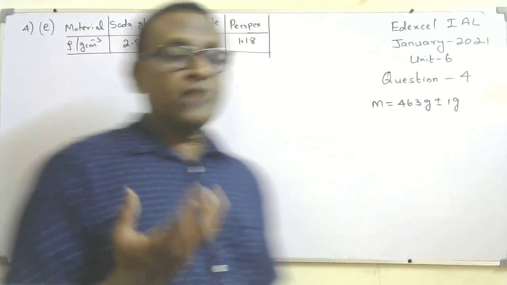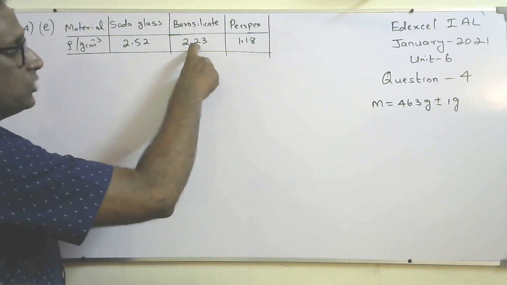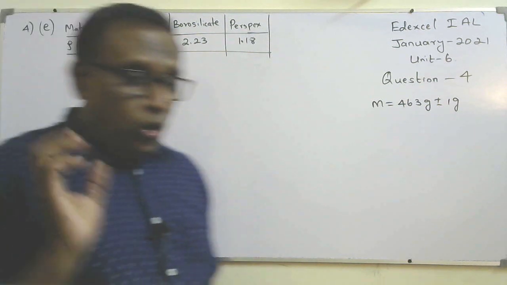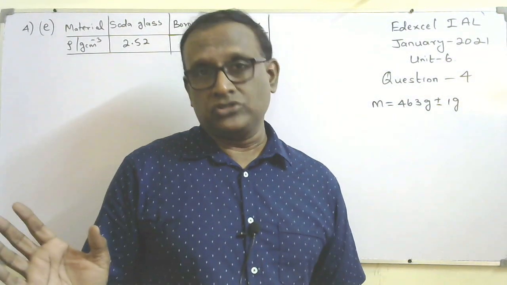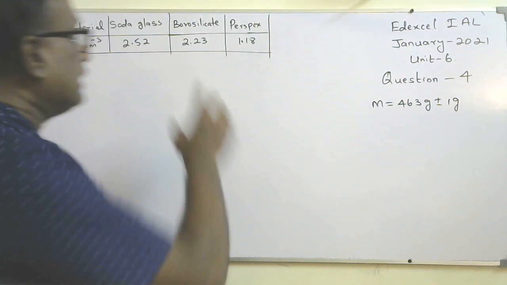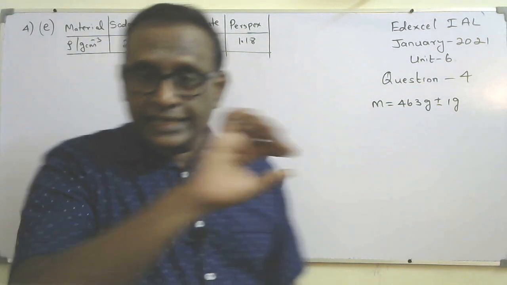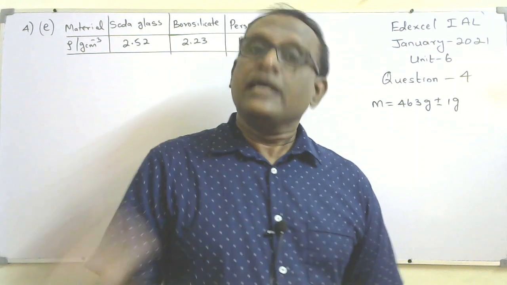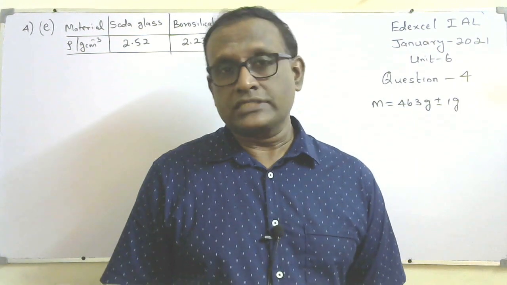Then check whether this value is falling within. So one by one we will check it. Only borosilicate is safe to use. So only borosilicate should fall in the range of my density, the experimental value. Then I can say it could be borosilicate, right?